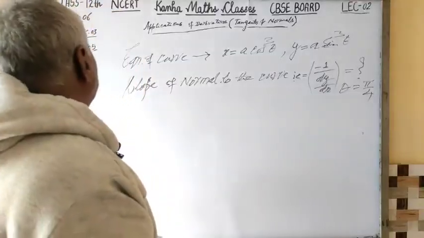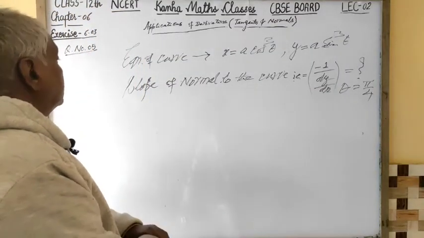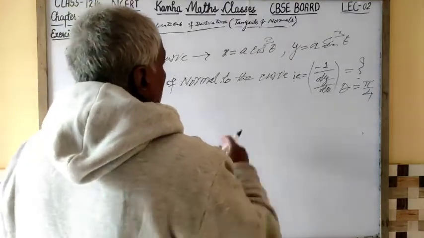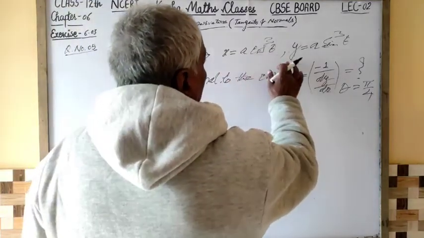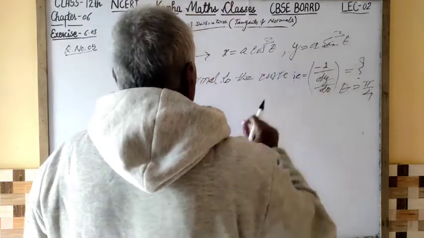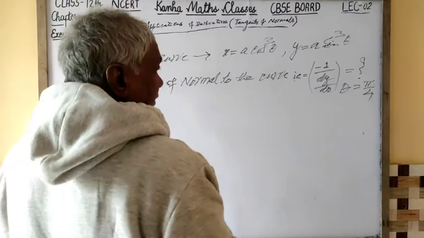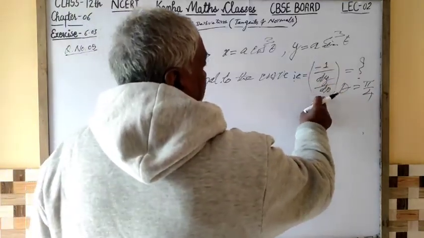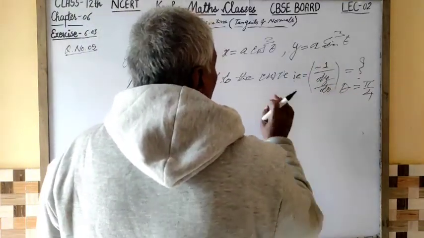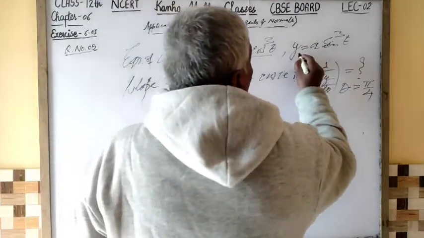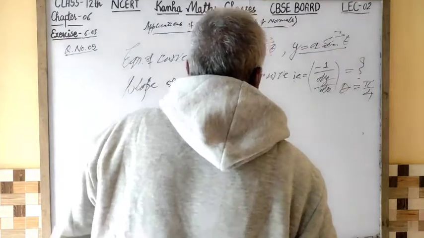Now in question number 5 of the same exercise, the equation of the curve is given: x is equal to a cos cube theta and y is equal to a sin cube theta, and you have to find the slope of the normal to the curve, that is minus 1 upon dy by dx at theta is equal to pi by 4. For this purpose we will differentiate with respect to theta separately.